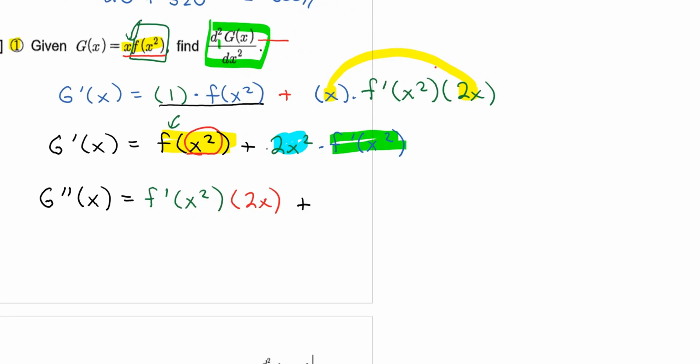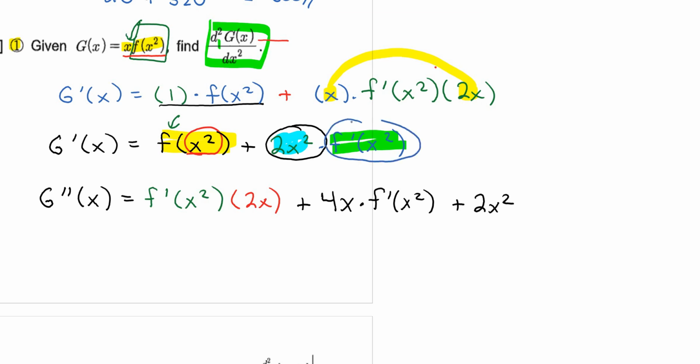The derivative of 2x squared would be 4x times f prime of x squared, plus the first term, which is 2x squared, times the derivative of the second term. The derivative of f prime is f double prime of x squared, and then the chain rule states that I need to take the derivative of the inside, which is 2x. And that is my final answer.